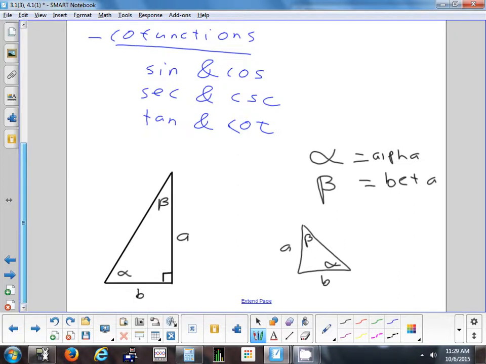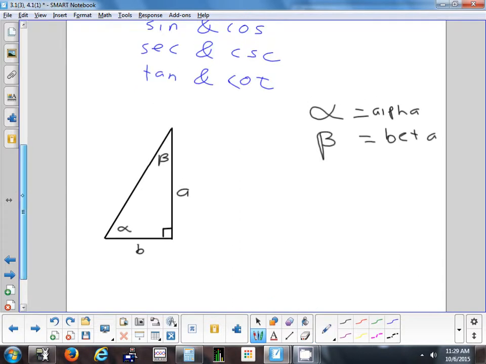Always set it up like that. And what do we know about alpha and beta? If you add them up, what would they add up to? They'd have to add up to 90, which means they're complementary. So keep that in mind.